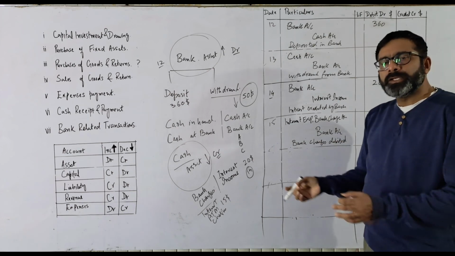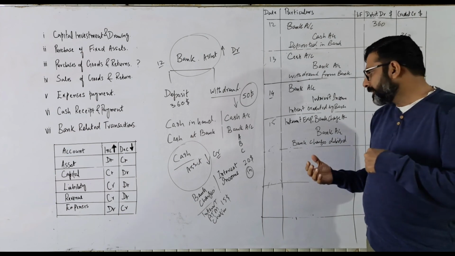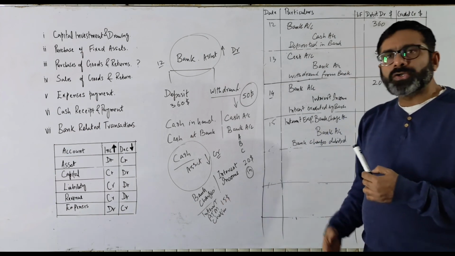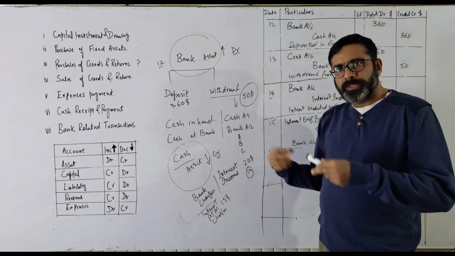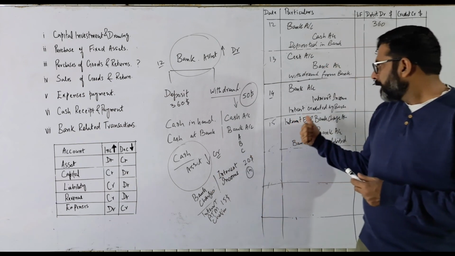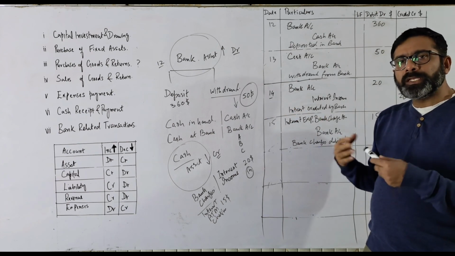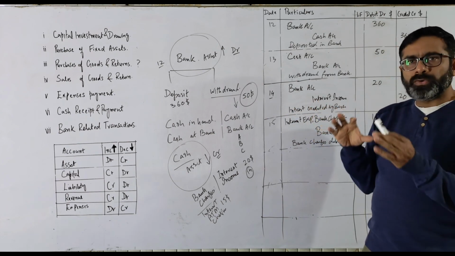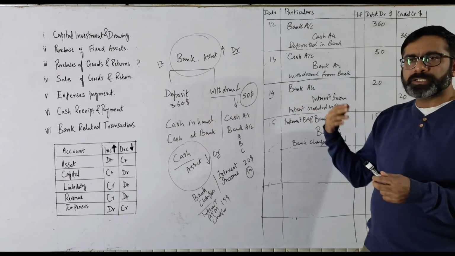It means the bank is reducing the money which you have deposited and they are deducting their charges like interest charges, ATM charges or checkbook charges. So all these amounts they are deducting from you. Here they are crediting the amount in your account. They are giving your income to you because your amount was in the savings account and after some time they are crediting the interest into your account.